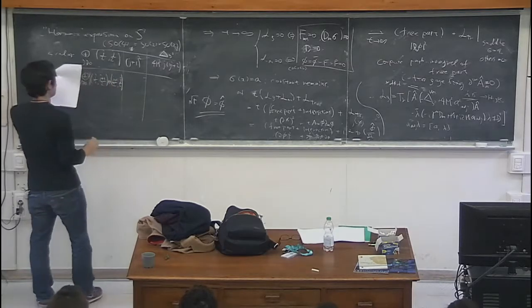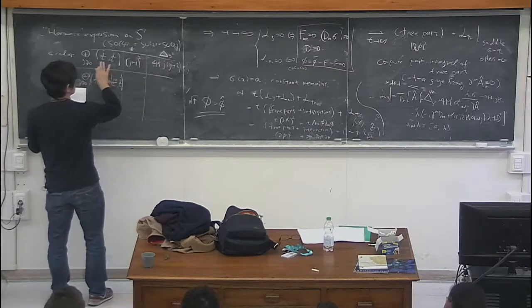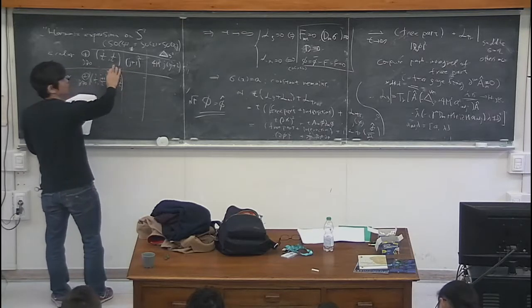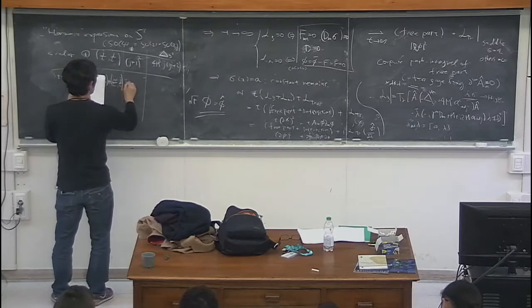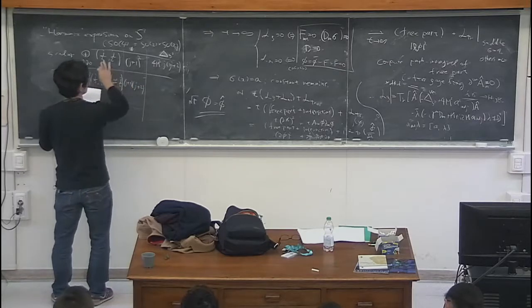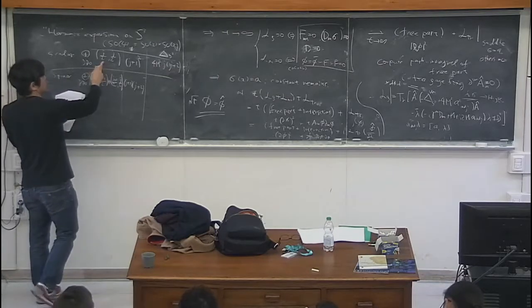Sorry, this is a multiplicity. The multiplicity, with spin J over 2, is J plus 1. And there is a J plus 1 multiplicity, so it's J plus 1 squared. And this multiplicity is J plus 1 times J plus 2. Well, this is just a representation of SU2, the spin J over 2 representation of SU2.